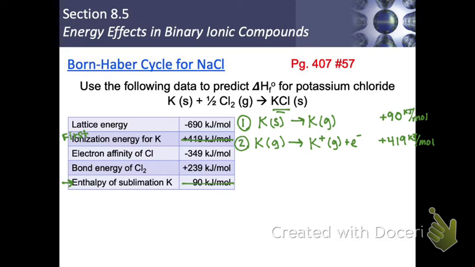Now my step 3. Right now my metal is prepared. My metal is ready to go. Okay, step 3, what is it called? Dissociation of the non-metal. So I start with 1/2 Cl2, and when I break that apart, I just end up with Cl. And it's a gas, because it started as a gas.